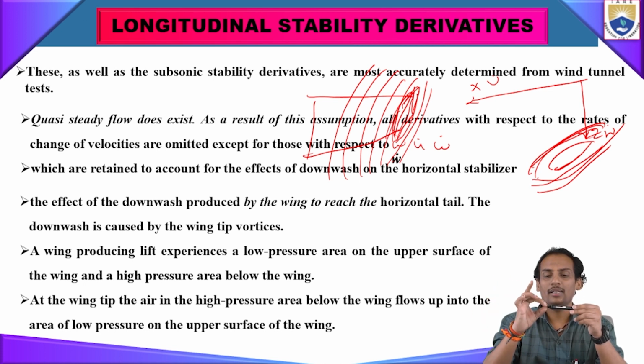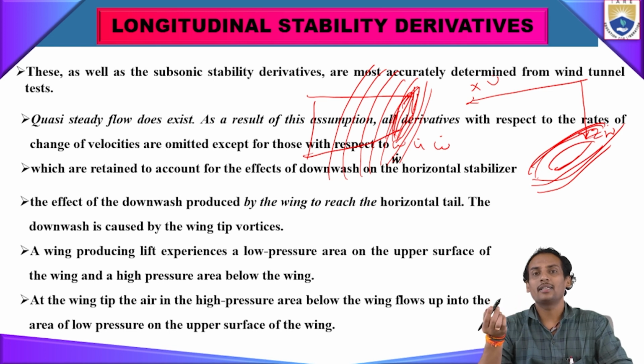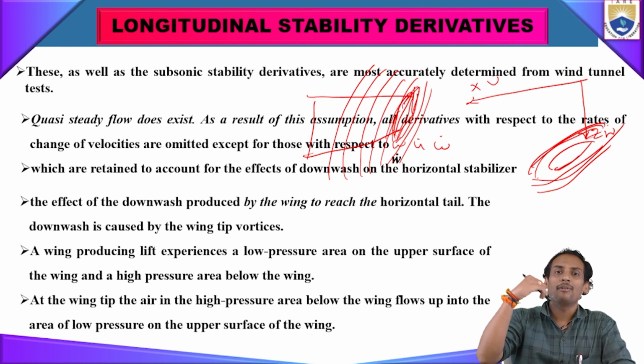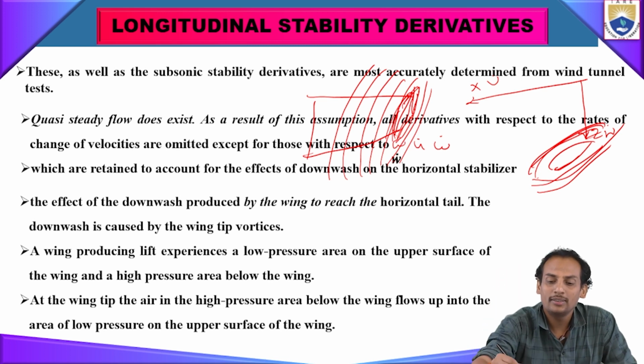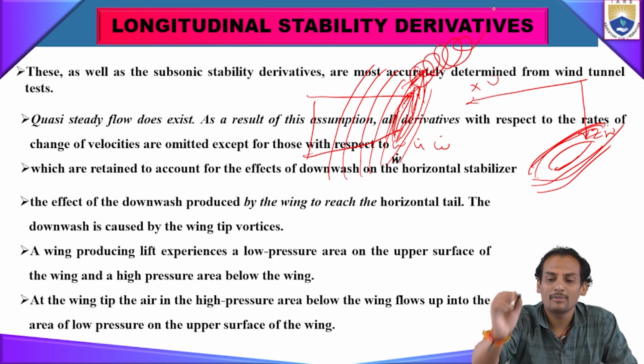But at the wing tip, the flows from the low pressure and high pressure sides mix, and that creates vortices behind the wing tip. Due to the collision of those two pressures, the vortices will happen.